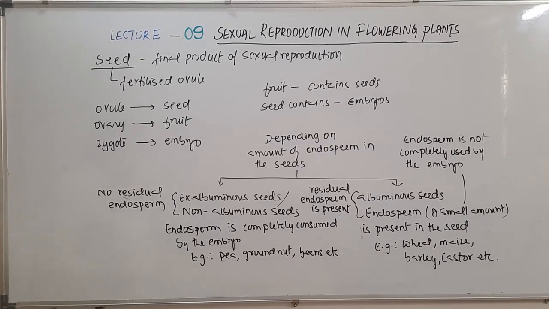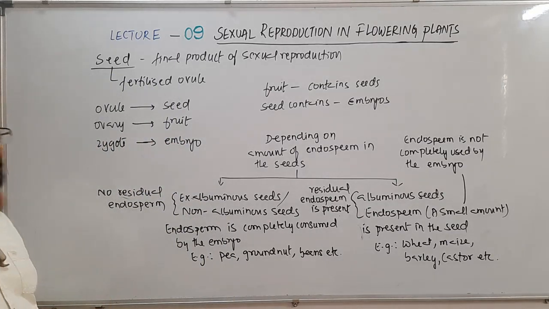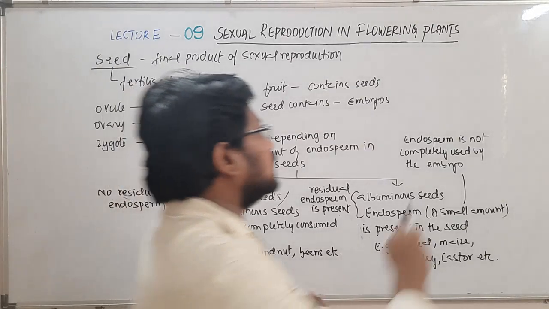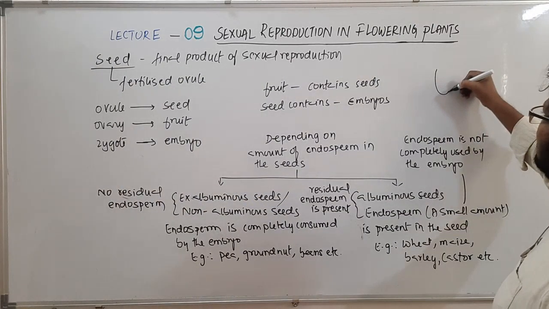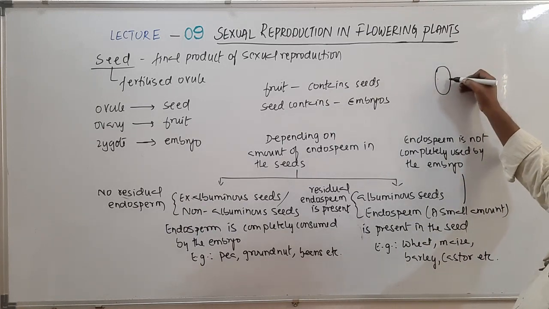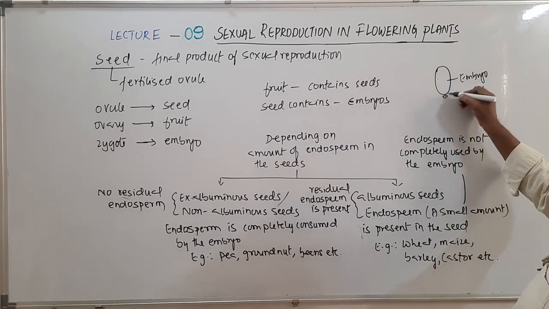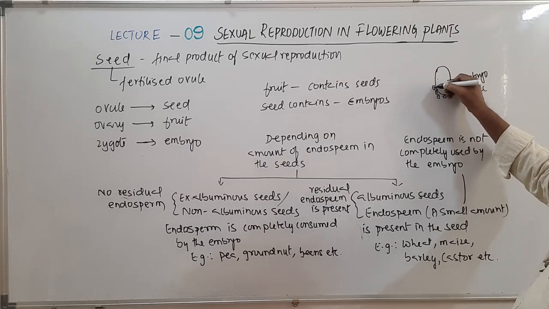Now, in the case of some seeds, what we see usually after the fertilization process is that the embryo sac is surrounded by nucellus. I hope you remember the structure of the ovule. When we see the ovule structure, around the embryo sac you will find the nucellus tissue.